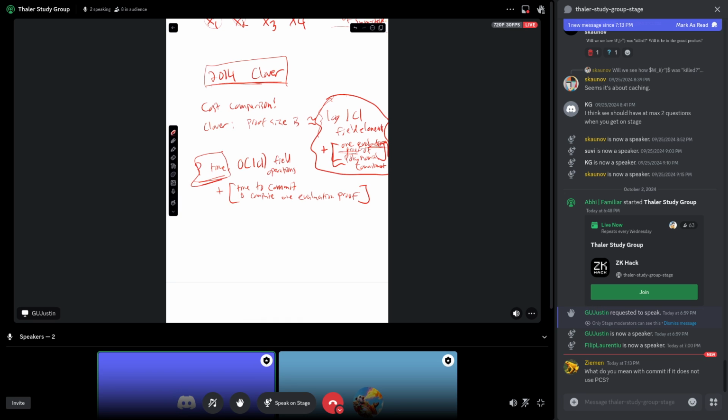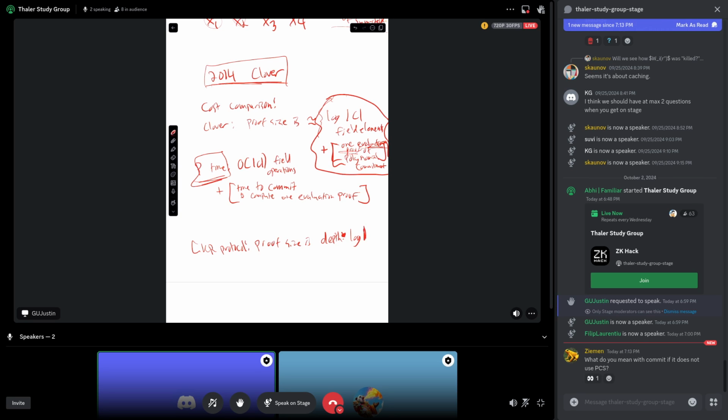The comparison is that for the GKR protocol, the proof size grows with the depth of the circuit. So it's depth of the circuit times log circuit width, but let's just say that if the circuit isn't ridiculously big, that's pretty close to log circuit size field elements.